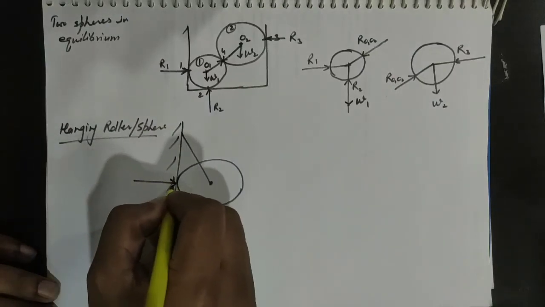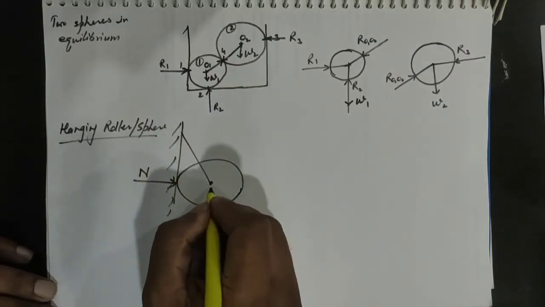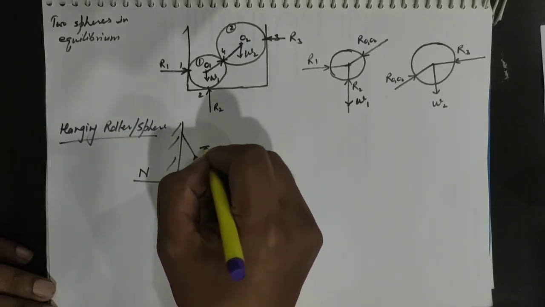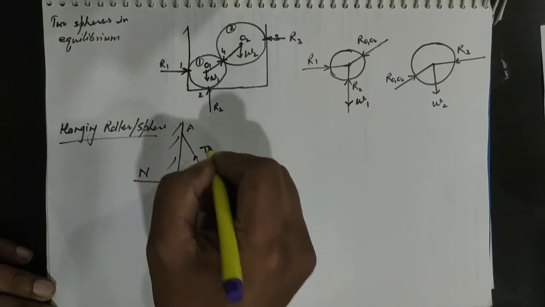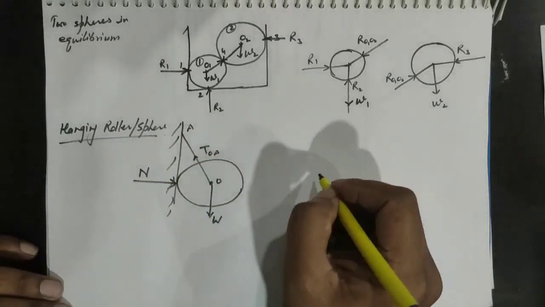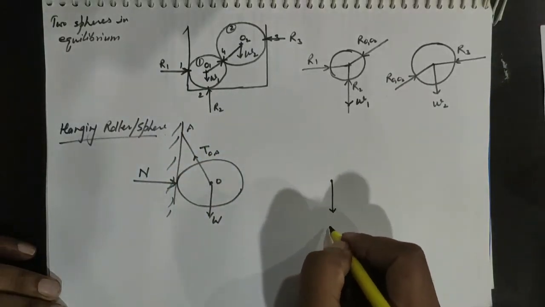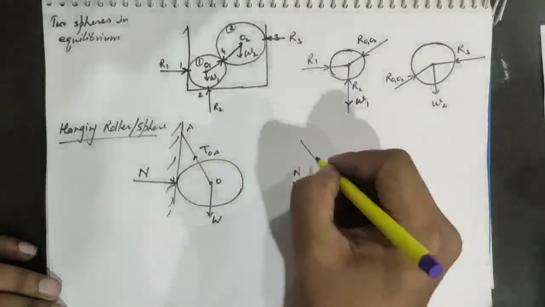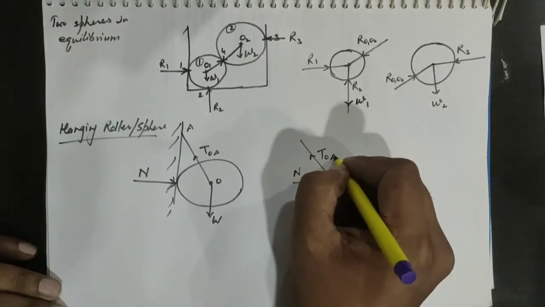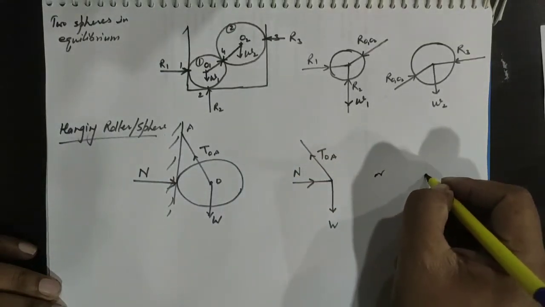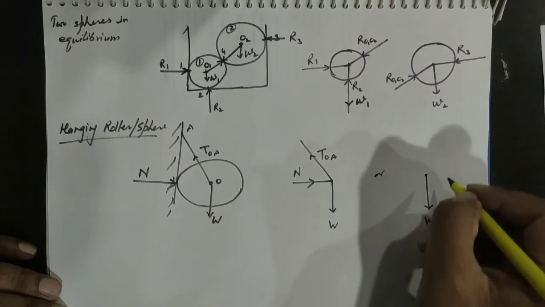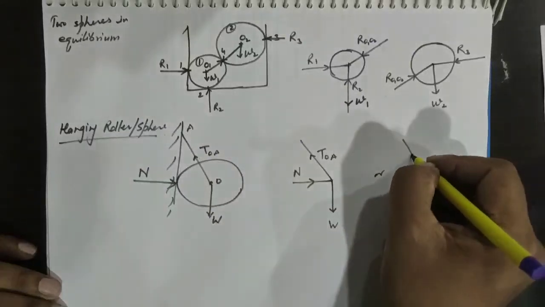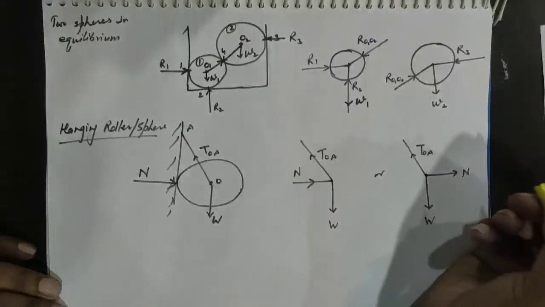So there will be one normal reaction on it, the weight acting downward, and tension along the flexible member OA, that is TOA. So we can make the FBD with W like this, N in this direction, and TOA like this. We can also do it with W this way, normal this way, and TOA. No issue.